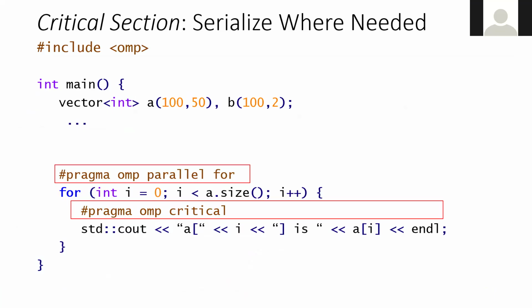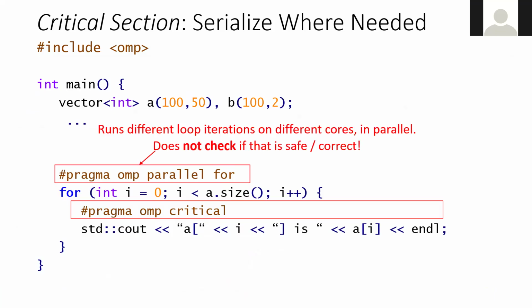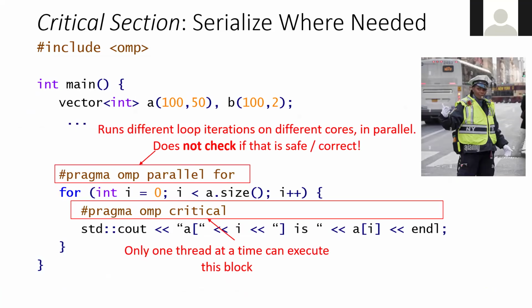This is the syntax. Inside a parallel for, you can add a pragma OMP critical to define critical sections. Only one thread at a time can execute this block. It's just like traffic control.